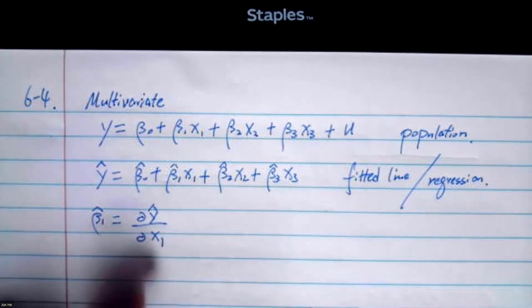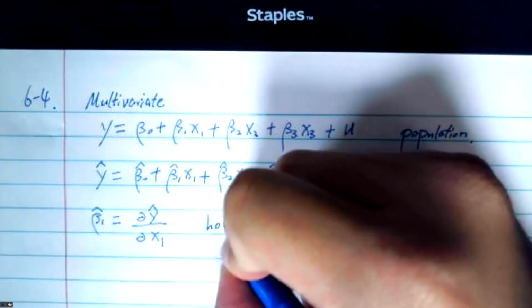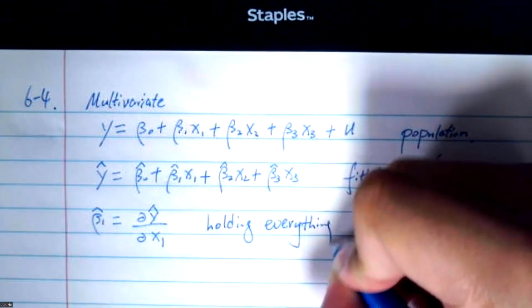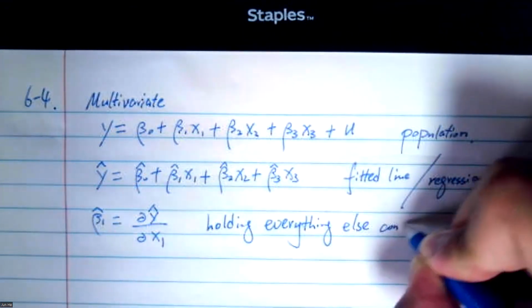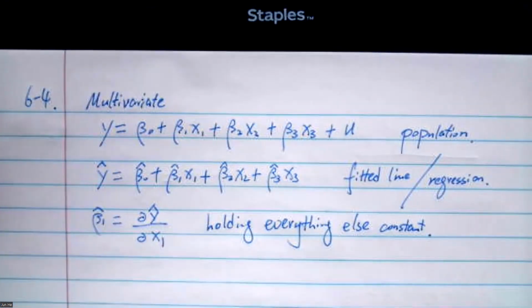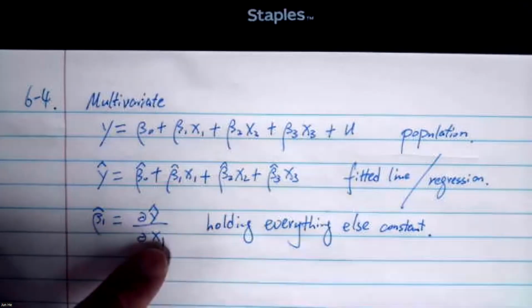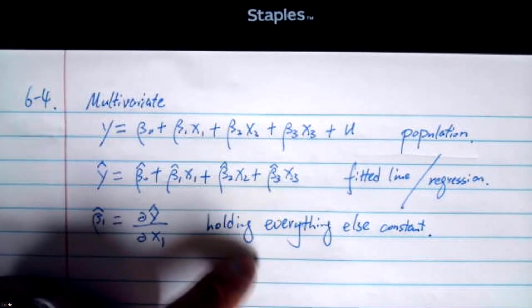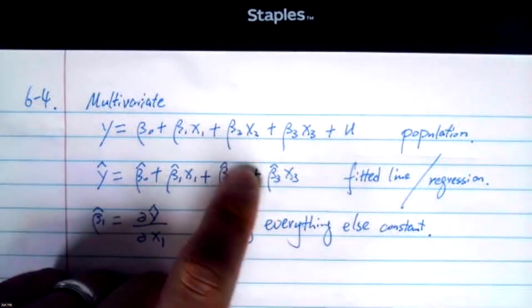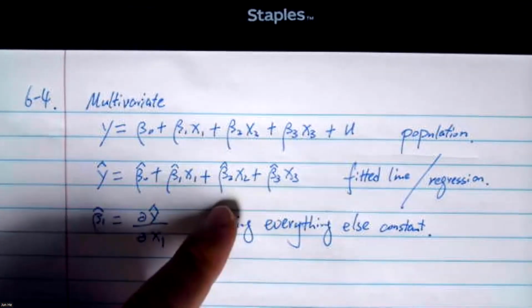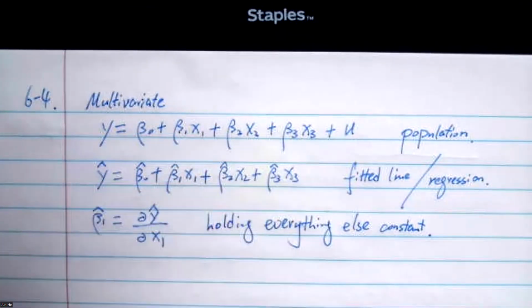And what does this mean? This means you're actually holding everything else constant, which is exactly what this partial derivative means, right? When you're taking the partial derivative with respect to x1, x1 is the only variable in your eyes. That means you're holding everything else, including x2, including x3, constant. Or here we say specifically x2 and x3 are emphasized as being held constant.